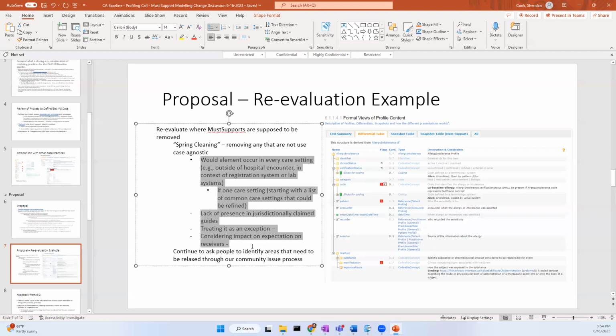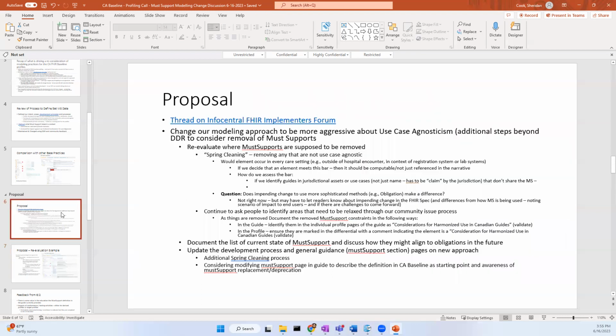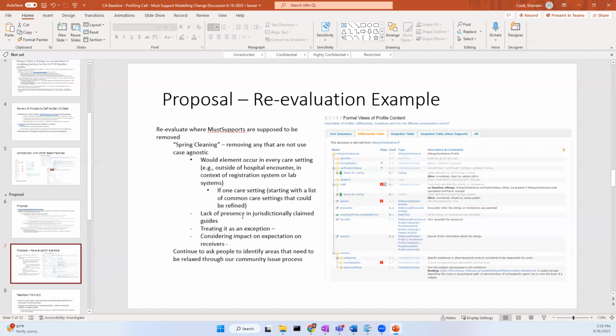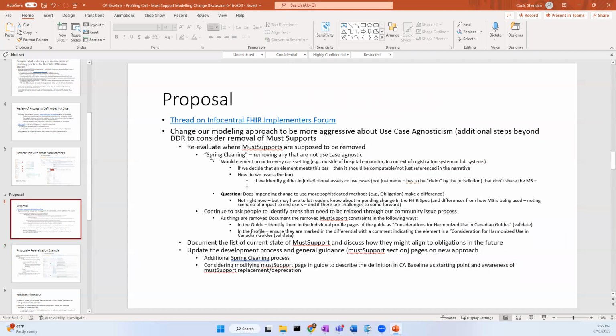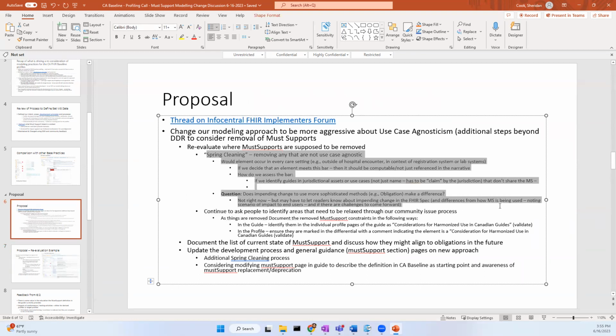I would guess that we could probably refine our definitions as we go, because this is a good starting spot. So if these are the ones, and I'll have to copy the additional examples here, does that tell us we have enough crystallized right now that for the spring cleaning portion, is anyone not comfortable with this part of the proposal being formalized and changing our behavior moving forward on what we're going to be doing in the baseline calls for profiling?